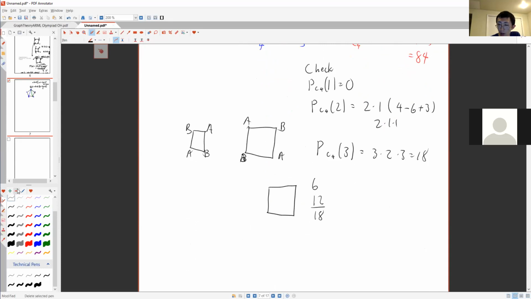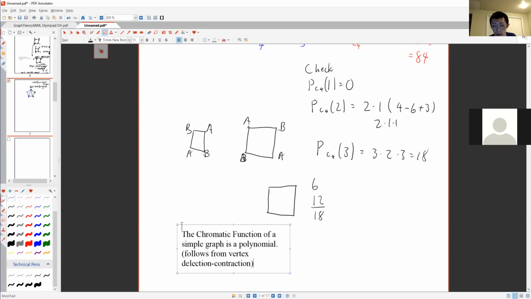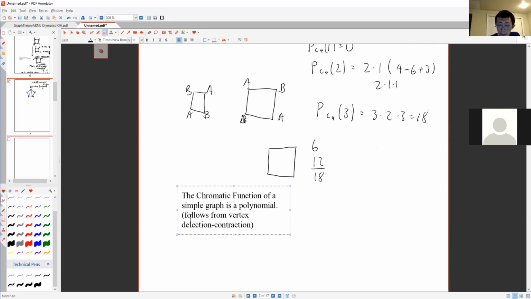So it turns out, what I originally called the chromatic function, the theorem is that the chromatic function of a simple graph is always a polynomial. It turns out there's a recursive way you can compute this.